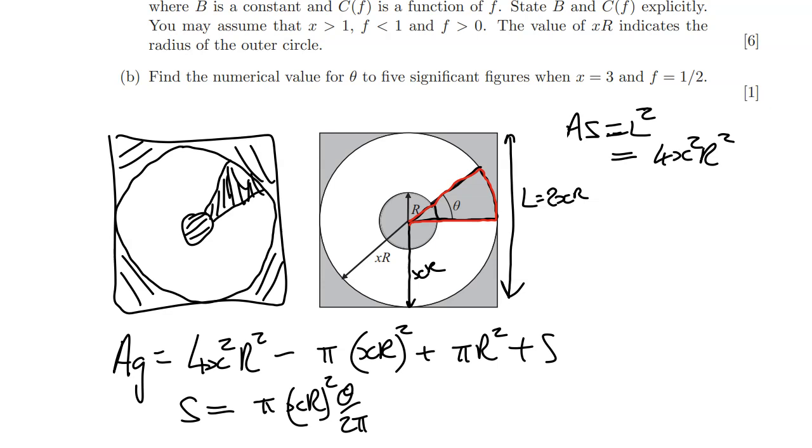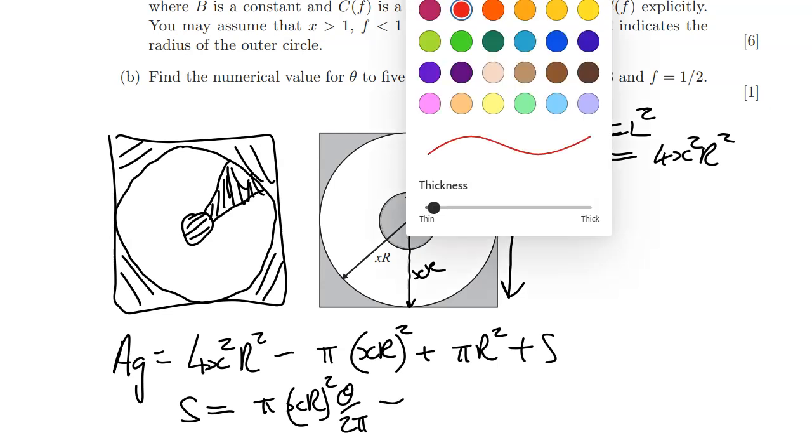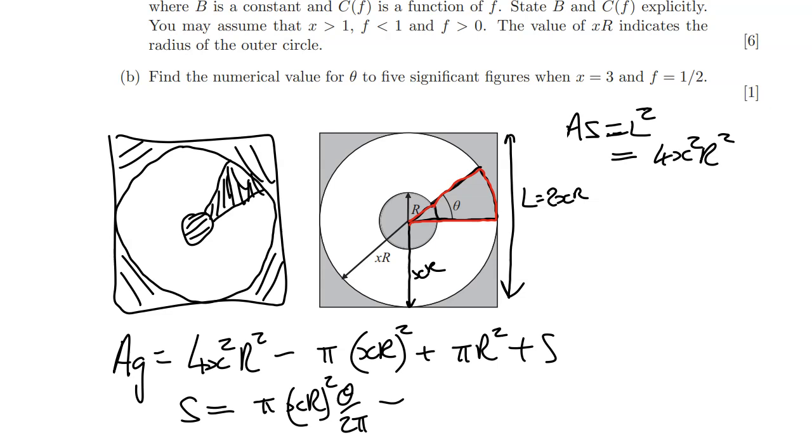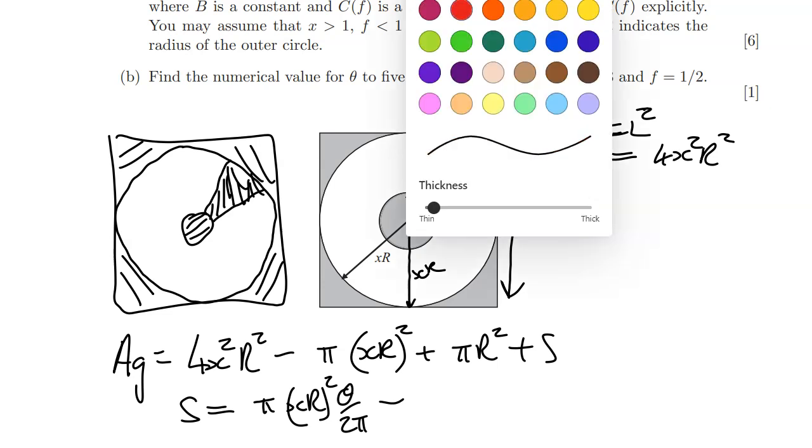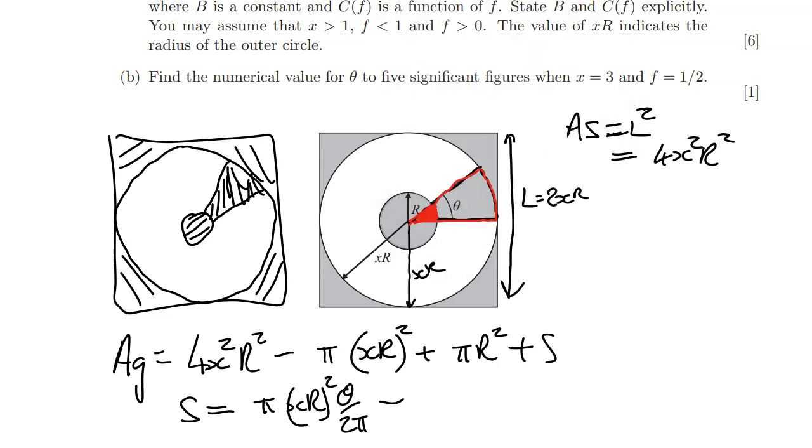Hopefully that makes sense. And then it's this minus this shaded bit in red here. That's what S is. So what's that shaded bit in red? Well, that's simply pi r squared, the smaller circle area, and it's the theta over 2 pi fraction of that area.